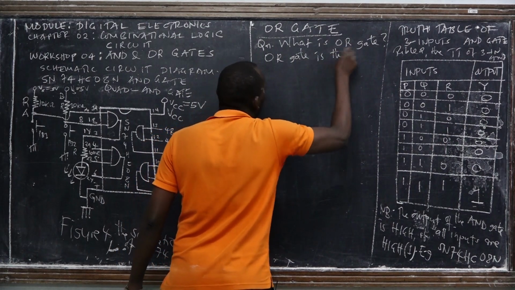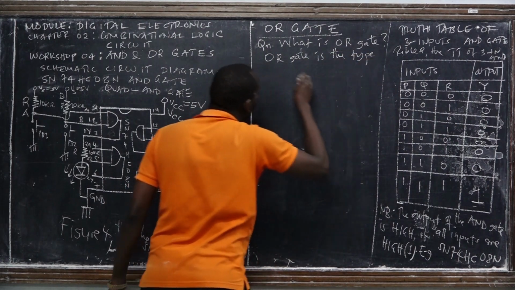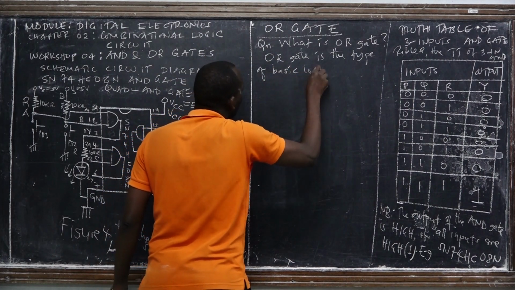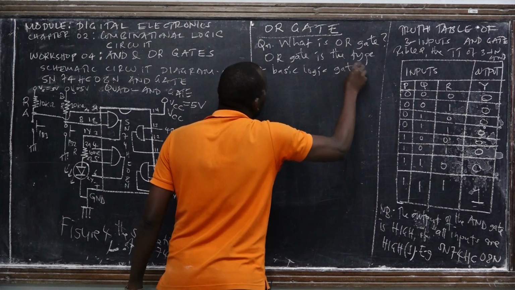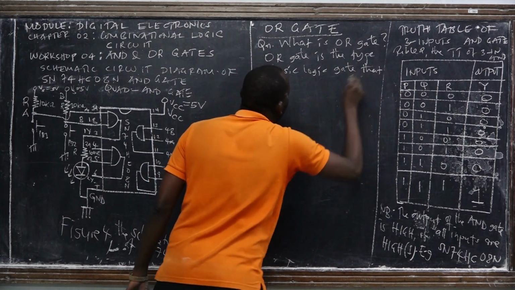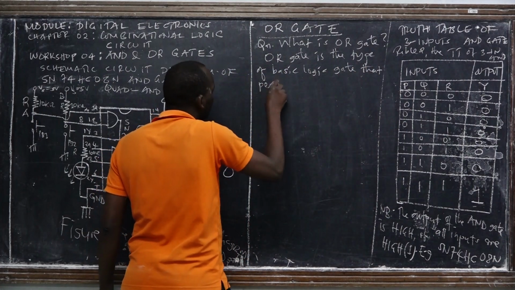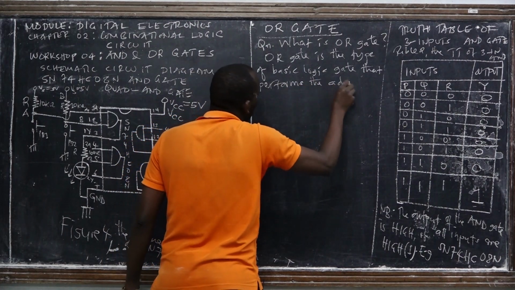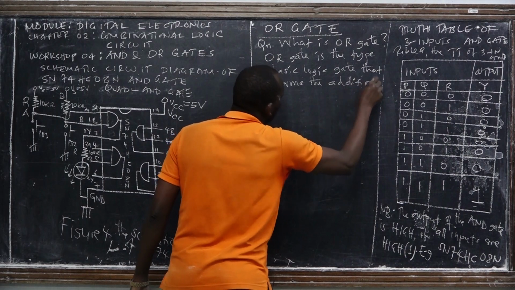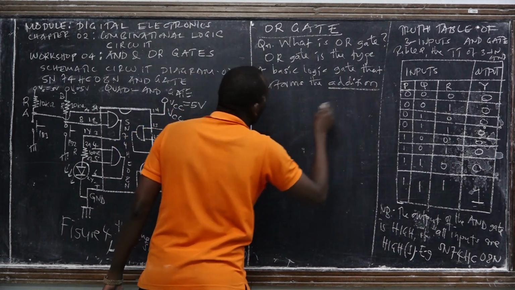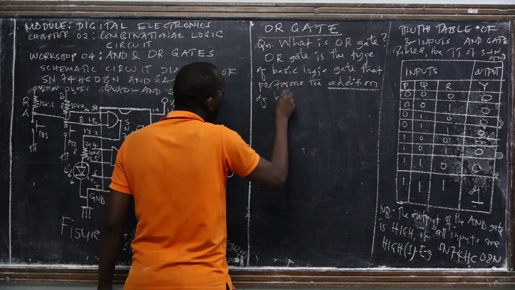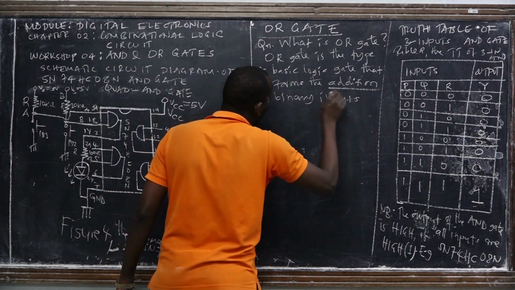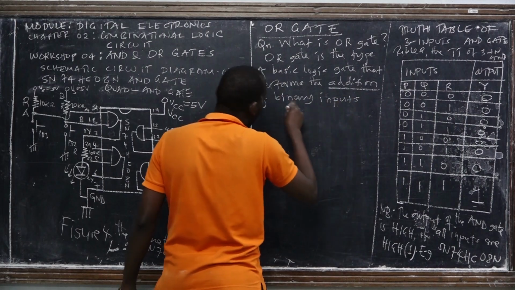You say that this is the type of basic logic gate that performs the addition of binary inputs. It's simple. Once you understood the AND gate, this is just vice versa.